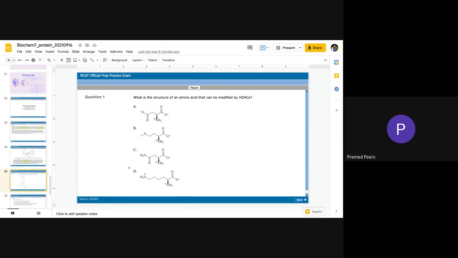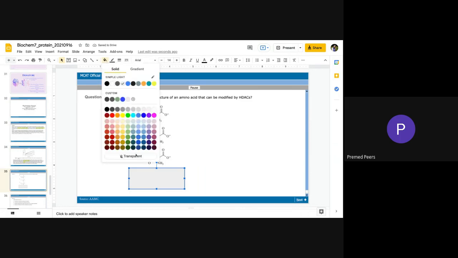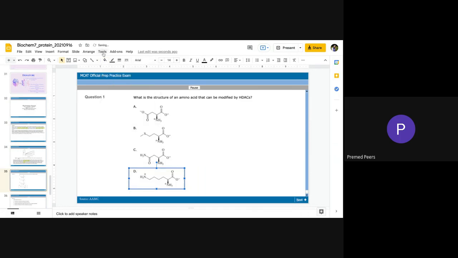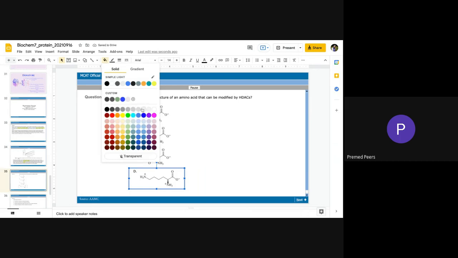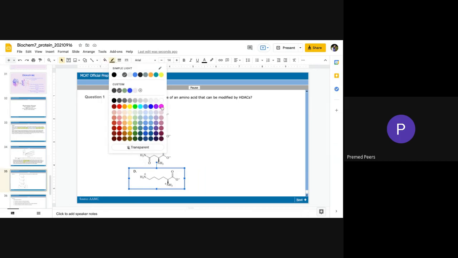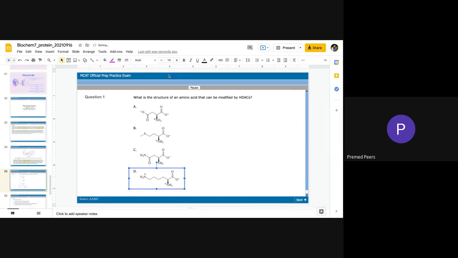So the only answer suitable among our choices is answer D. Let me do some border. Yeah, it is the only one that has the positive charge. Okay, so there we go.